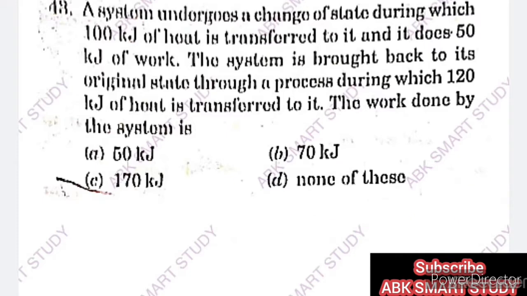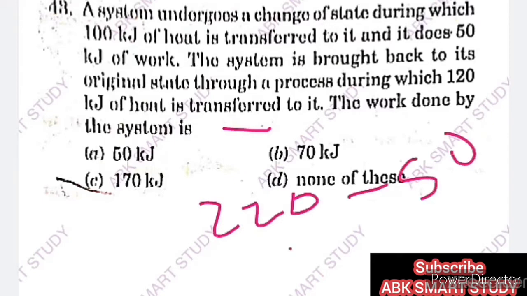So the work done by the system is equal to the total heat transfer minus the 50 kJ of work, that means 220 minus 50 is equal to 170. So the work done by the system is equal to 170 kJ. So here option C is the correct answer.